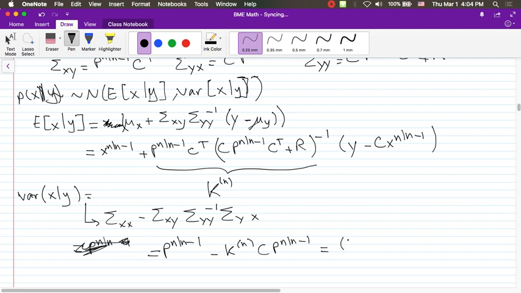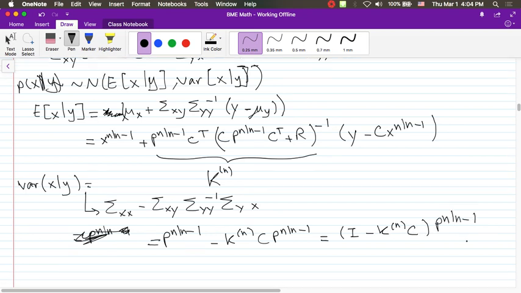That's equal to identity minus K of n times C, times P of n given n minus 1.